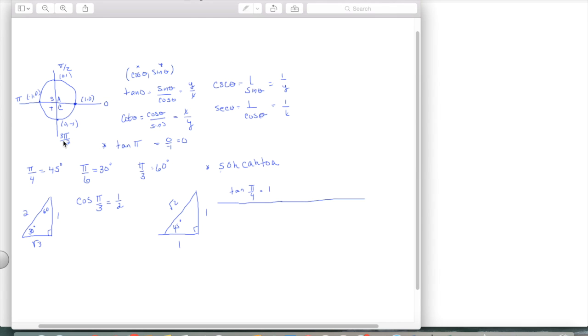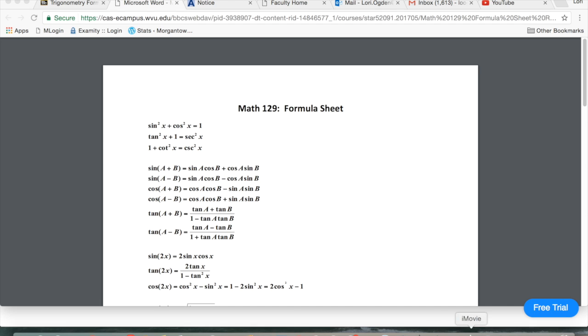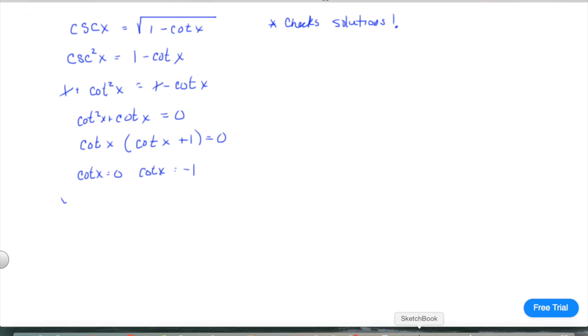So cotangent of pi over 2 is 0, and cotangent of 3 pi over 2 is 0. So this would be when x is equal to pi over 2 and 3 pi over 2.